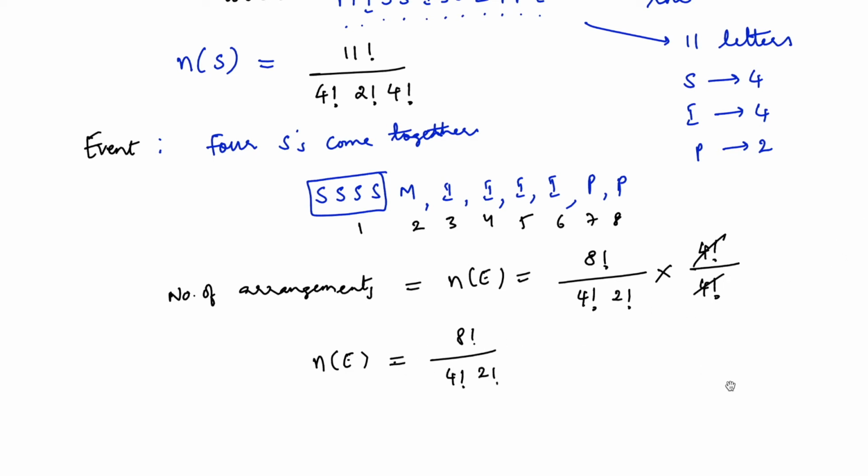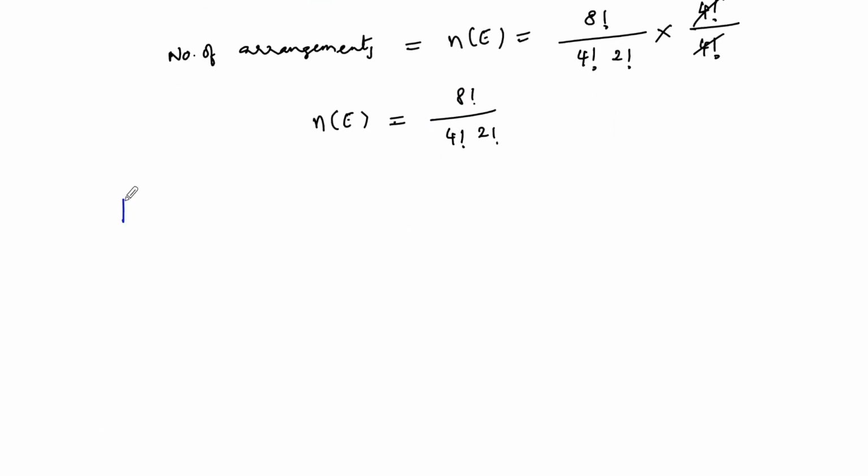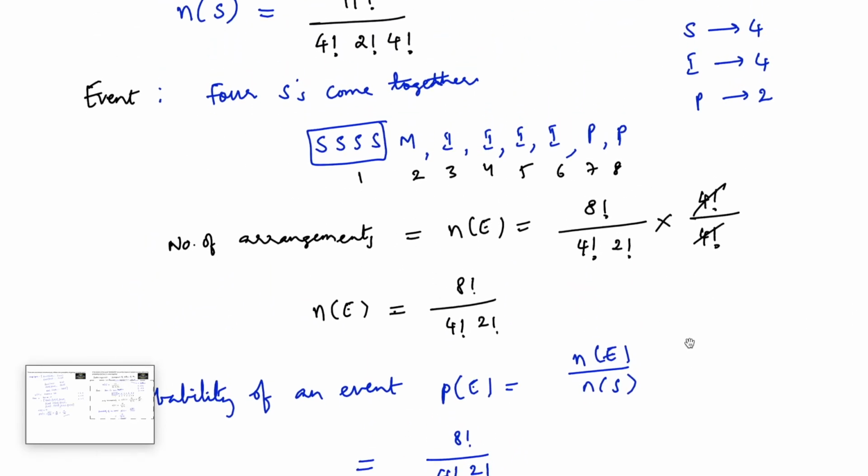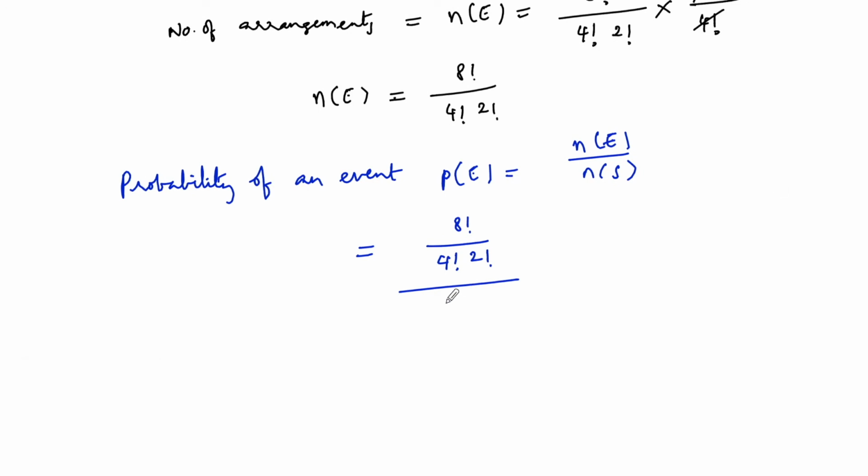Therefore the probability of an event P of E is equal to n of E by n of S, which is equal to 8 factorial by 4 factorial into 2 factorial divided by 11 factorial by 4 factorial, 2 factorial and 4 factorial.